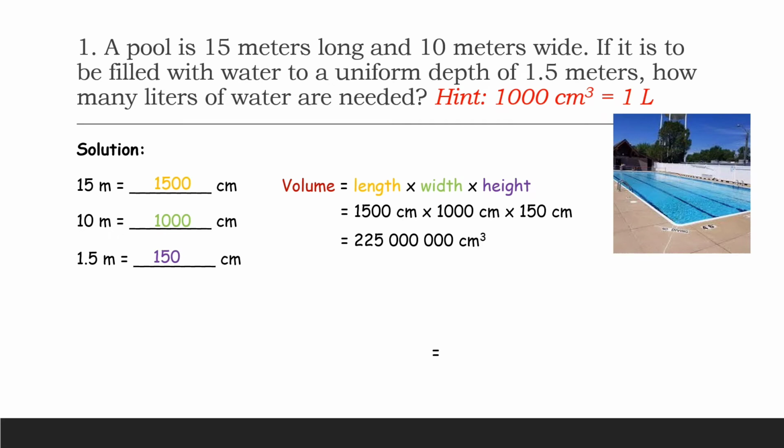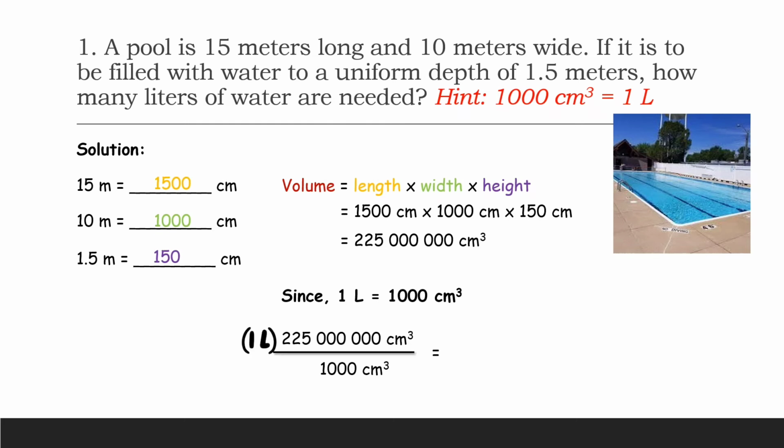Okay? But that's not yet the answer because we are looking for the liters of water. So, since we have that hint 1,000 cubic centimeters equivalent to 1 liter, let us see how many liters can we get from 225 million cubic centimeters.